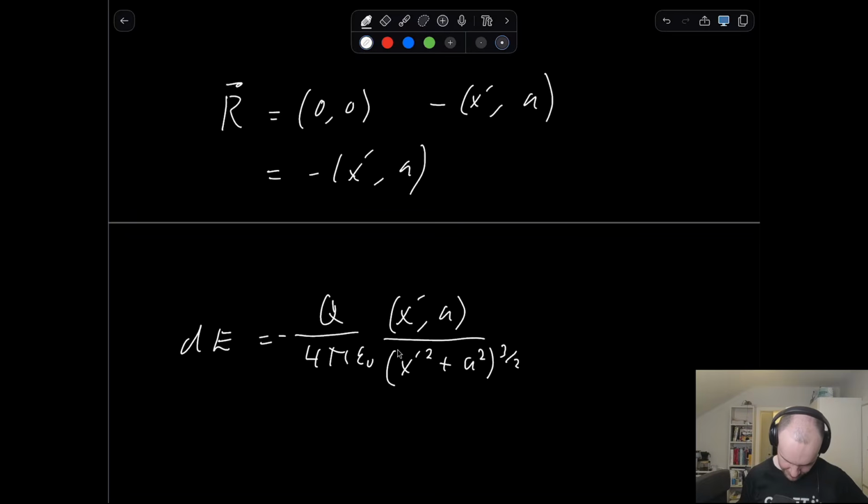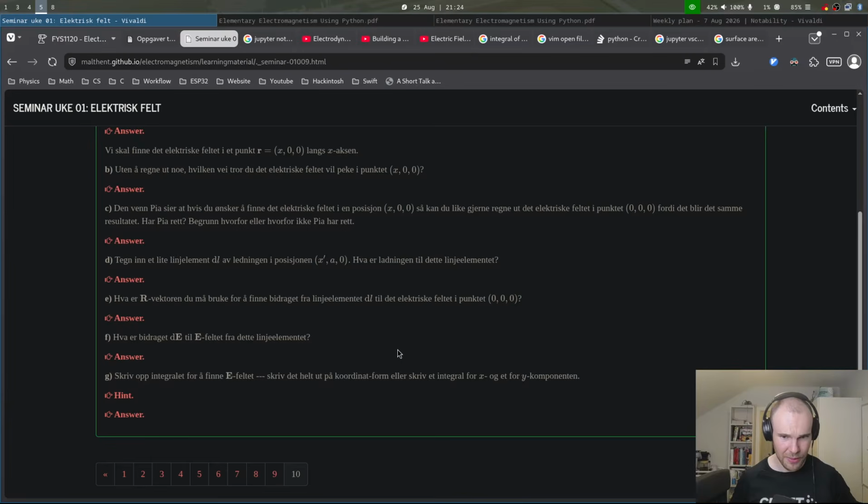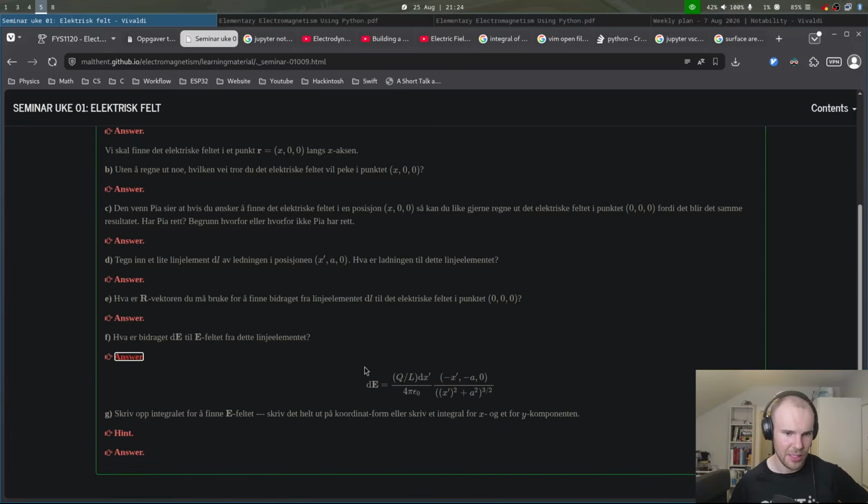And then this should be in the x direction, so dx like that. That should be correct.